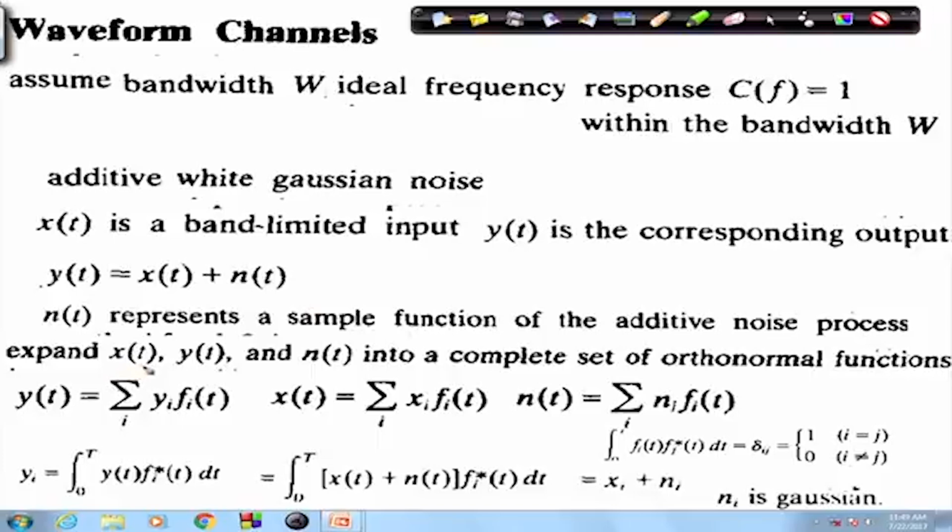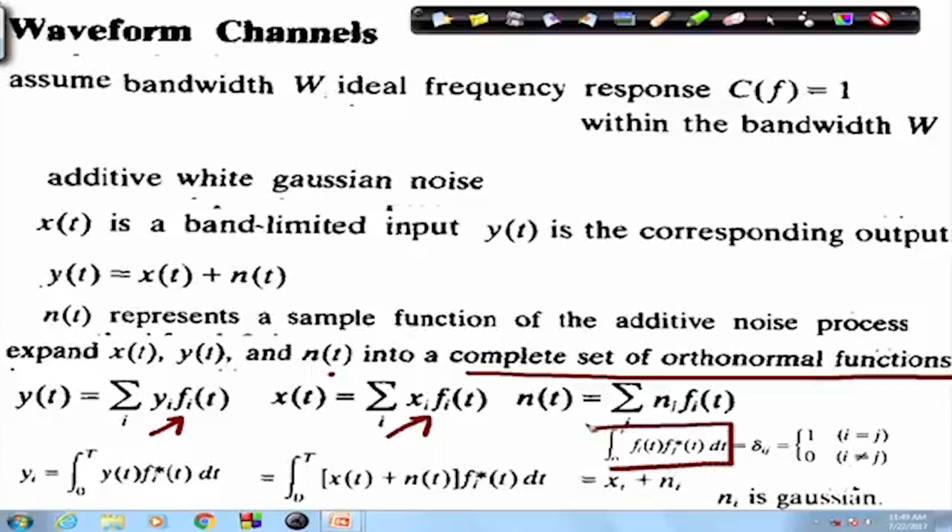So, we expand x(t), y(t) and n(t) into a complete set of orthonormal functions, which we have already done before. We have been doing it throughout. So, y(t) is equal to the expansion in terms of f_i(t), y_i are the components, same with x_i, and you could write. Here we write that the functions are orthogonal to each other.